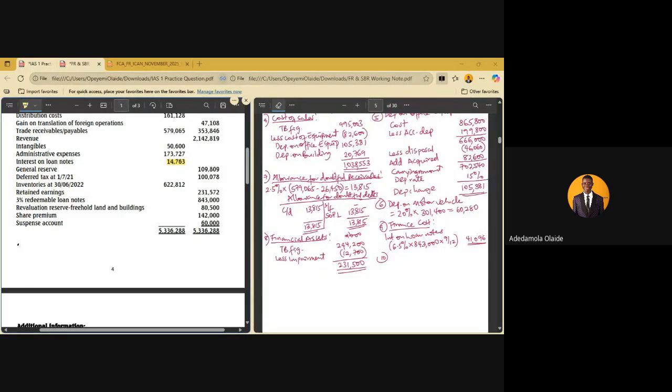So what do we do? We'll keep the remainder as accrued finance cost. So what will be our accrued finance cost?